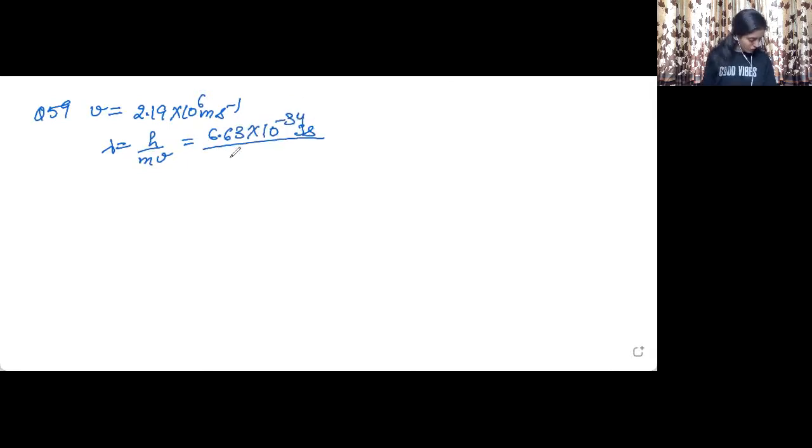h upon the mass of the electron, 9.11 into 10 raised to the power minus 31 kg, into velocity 2.19 into 10 raised to the power 6 meter per second.